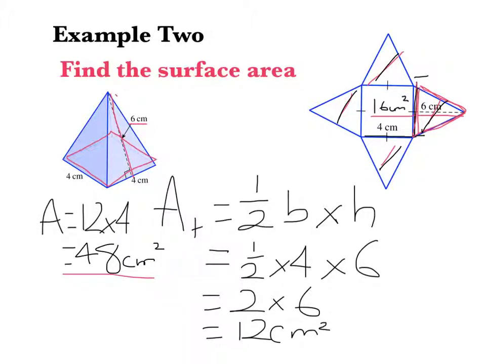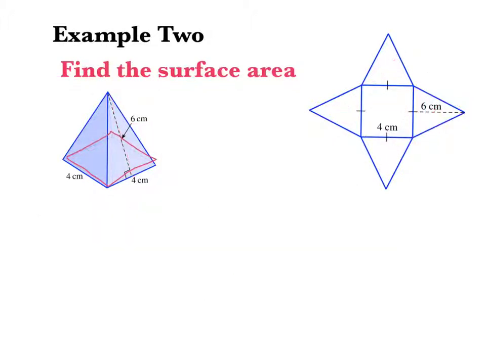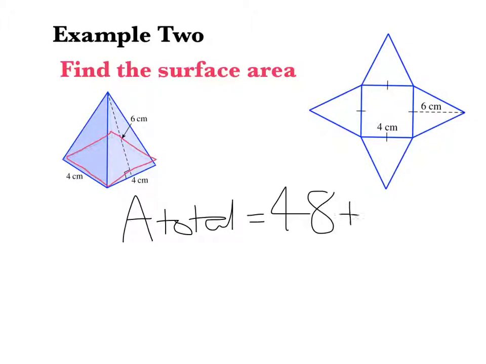Then I've got 16 centimeters squared. So 48 and 16. My total area equals 48 plus 16, which equals 64. Sorry, I was going to write 5 for some reason. 64 centimeters squared.